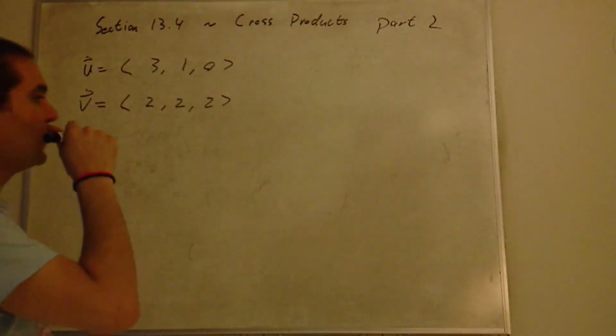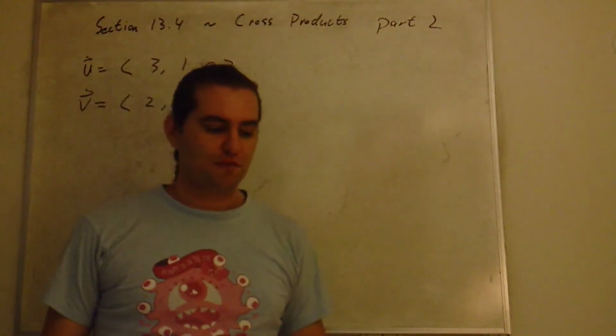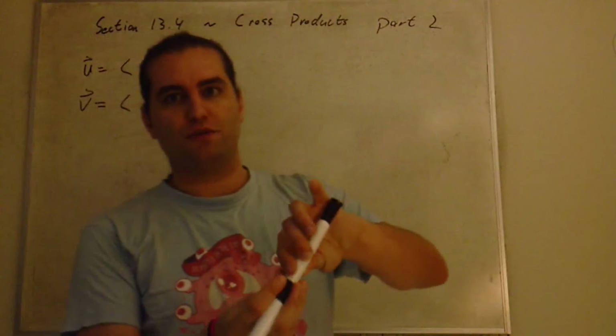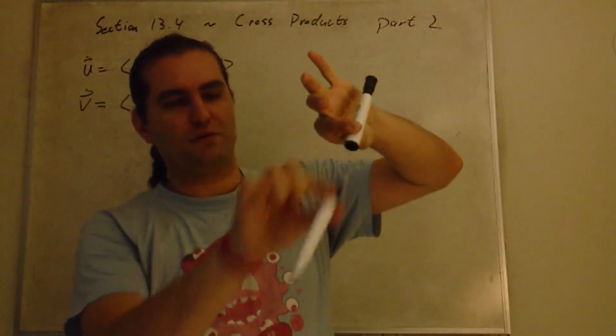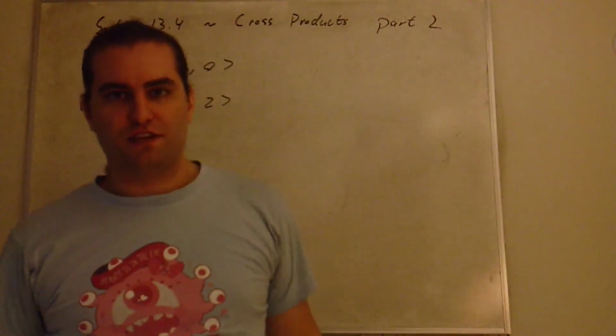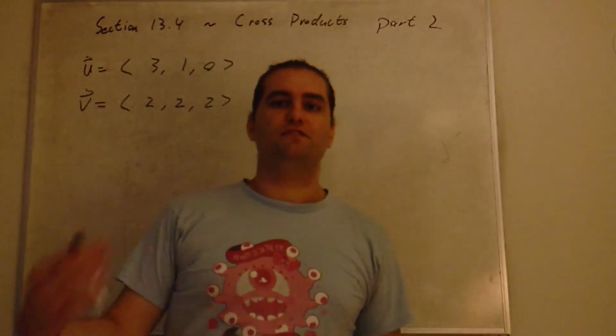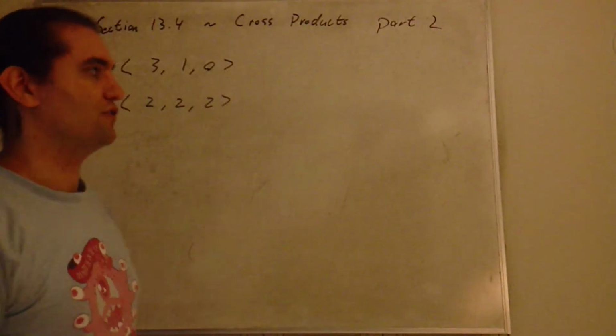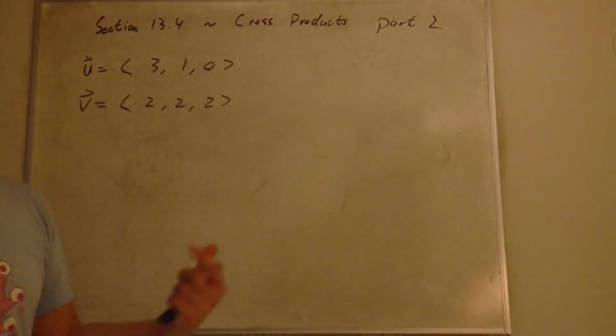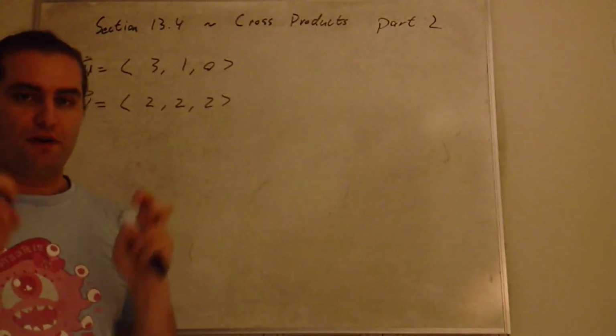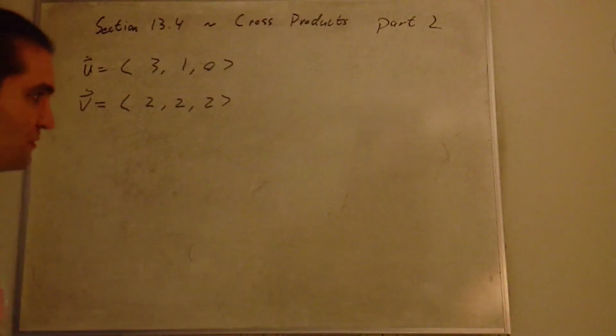So if you're finding the magnitude of something, it doesn't matter which direction it's pointing. It could be going this way, it could be going down. The positives and negatives are all going to get squared, so the sign doesn't actually matter for this. So for the area of the parallelogram question only, it doesn't matter which one you do first.